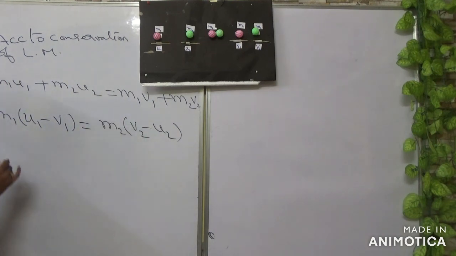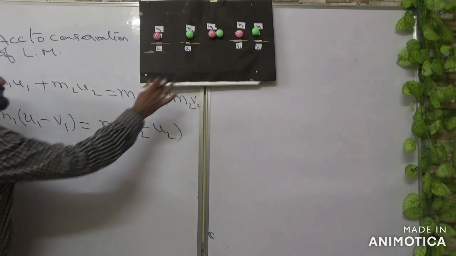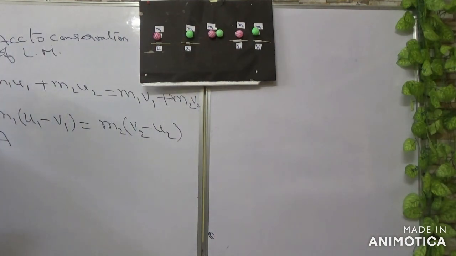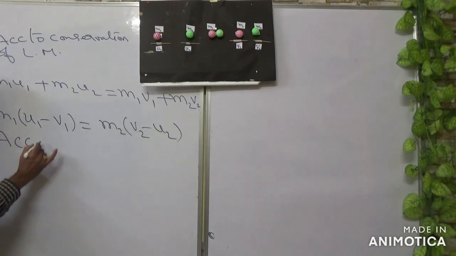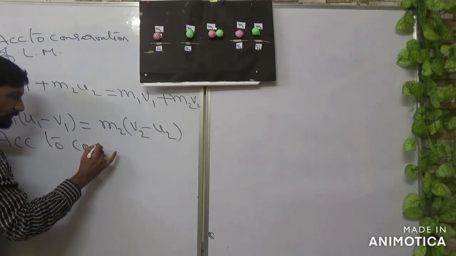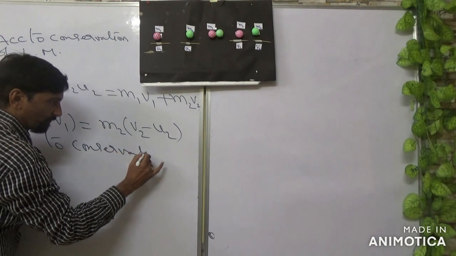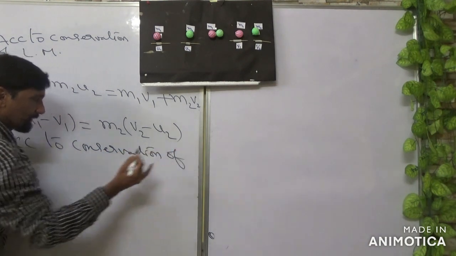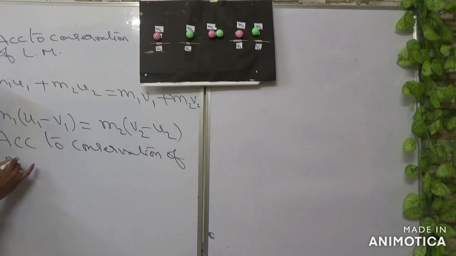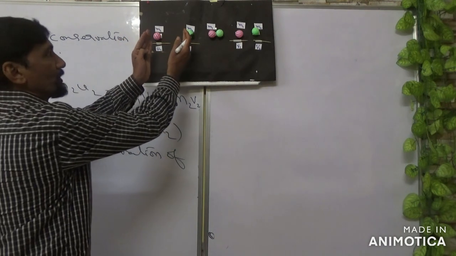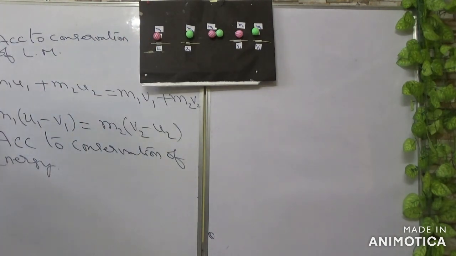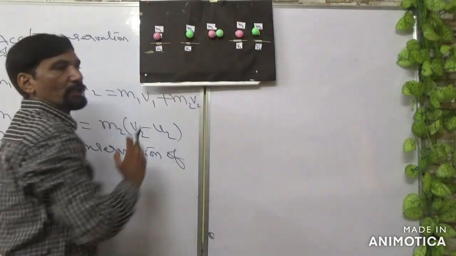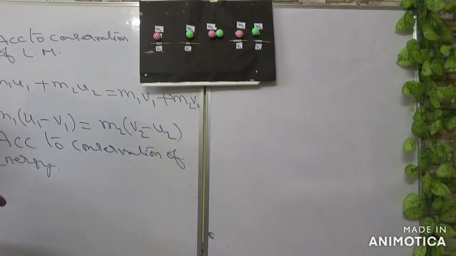Now if the collision is elastic, then it follows kinetic energy also. So according to conservation of energy, total kinetic energy before collision is equal to total kinetic energy after collision.